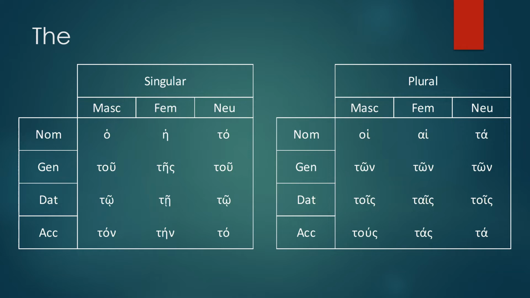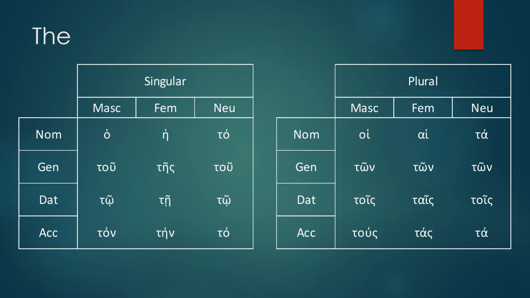Ho, he, and hoi, hai for singular and plural, respectively. These words are called proclitics. They don't have an accent. Yeah, there are a few proclitics in Greek. These are pretty common ones. Most proclitics are pretty common, actually. But, yeah, just to go through them all real quick.